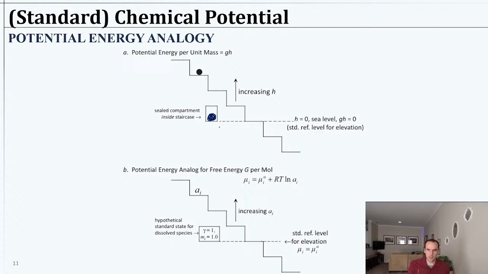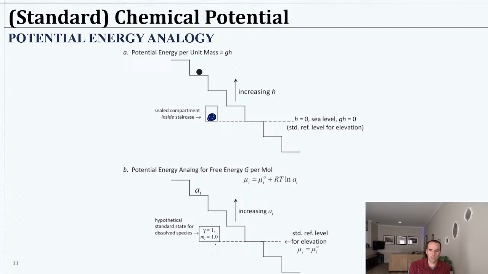So chemically speaking, the chemical potential is quite similar, where we have increasing activity, usually concentration, of our system that could put us at a higher value for mu. And if you notice here, if we increase the activity, that would increase this entire equation.